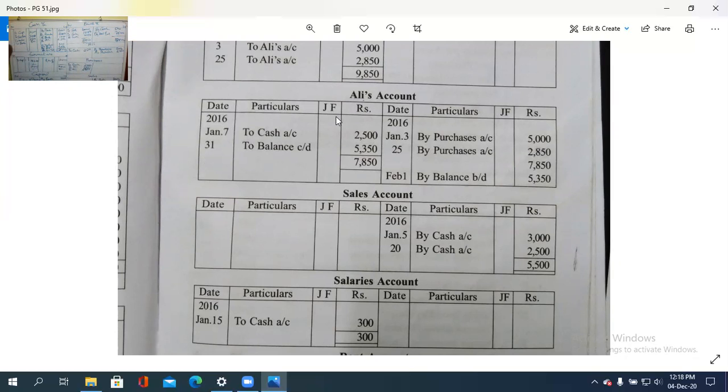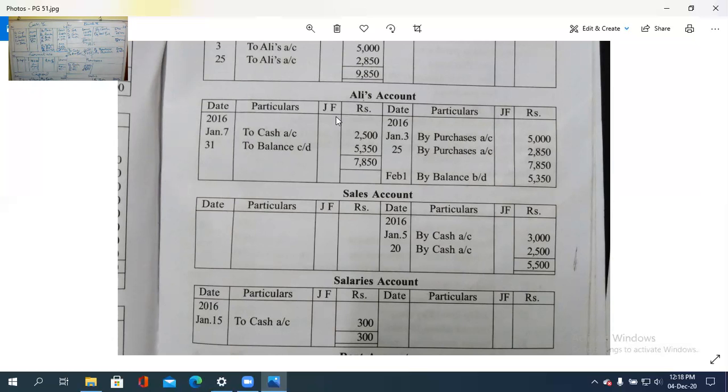So 7,850 total, and there is, see, to balance carried down. Right? How much is the balance for him? Out of 7,850, 2,500 was given, the rest remains, isn't it? So there is a balance of 5,350. That 5,350 is to be carried down. Sorry, brought down. First we find the carried down, then writing it below is the brought down.